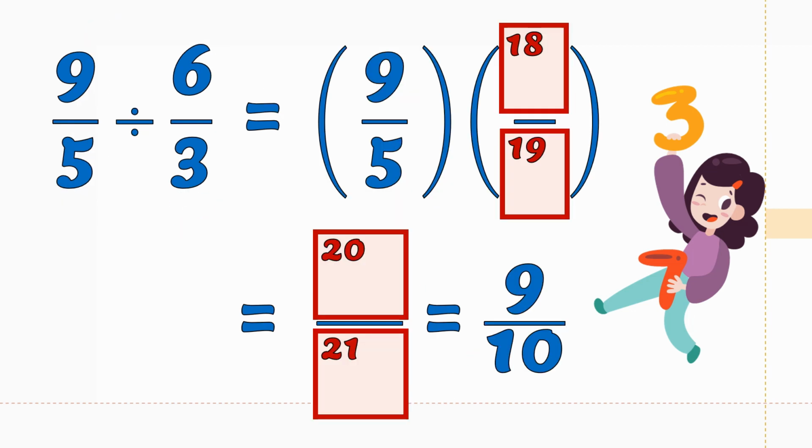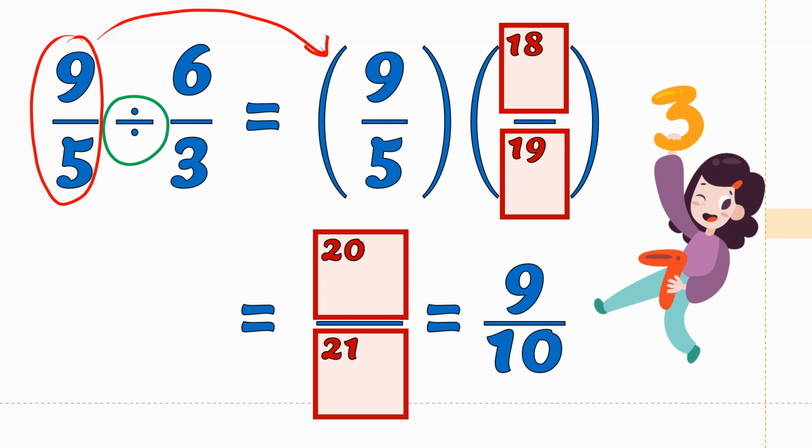Alright, so let us have now the following. 9 out of 5 divided by 6 out of 3. So, you see here the operation division. Sabi ko kanina, kapag nakakita ka ng division, huwag ka mag-divide. Mag-times ka pa rin. How do we do that? Okay, simple lang naman. Etong 9 out of 5 na to, kopyahin mo siya. Kokopyahin mo lang siya doon.